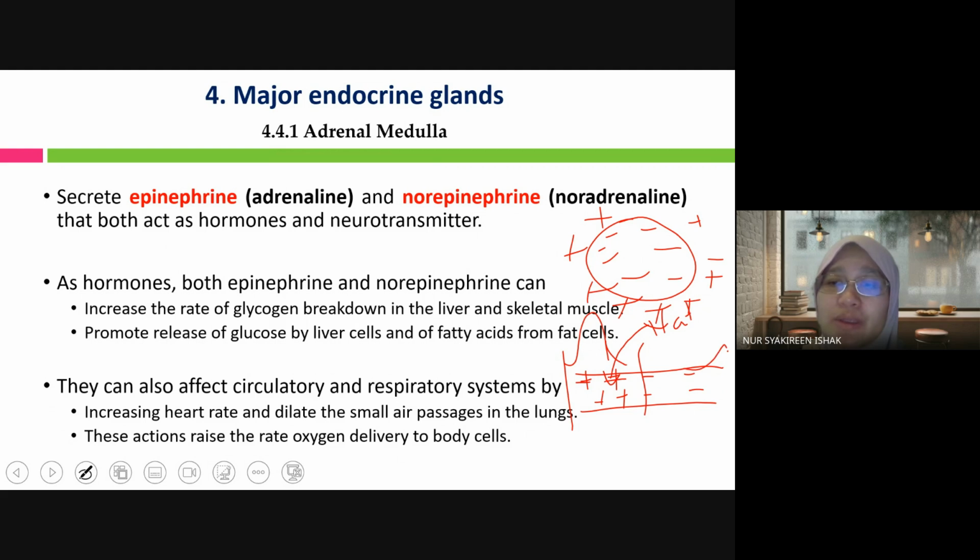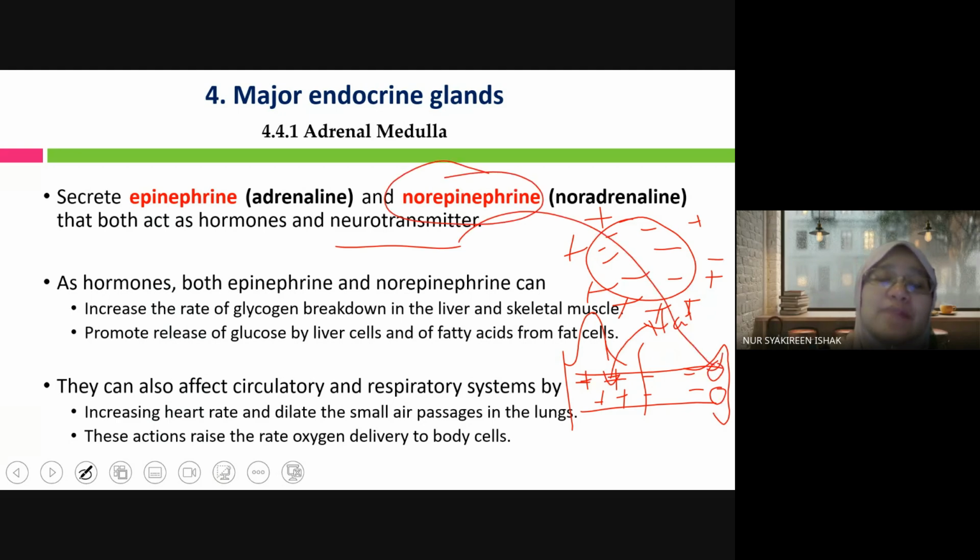Sampai dia reach axon terminal. At the axon terminal, there will be vesicles containing the neurotransmitter, either adrenaline or noradrenaline, like epinephrine for example. So this neurotransmitter at the axon terminal will be released into the synapse, chemical synapse.